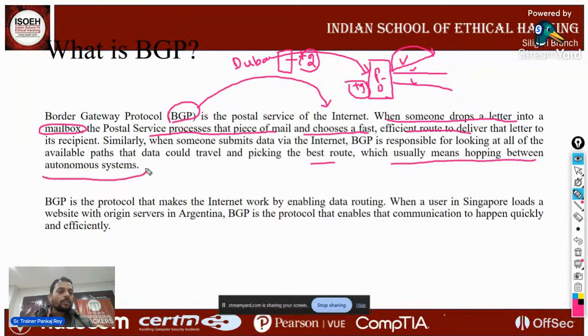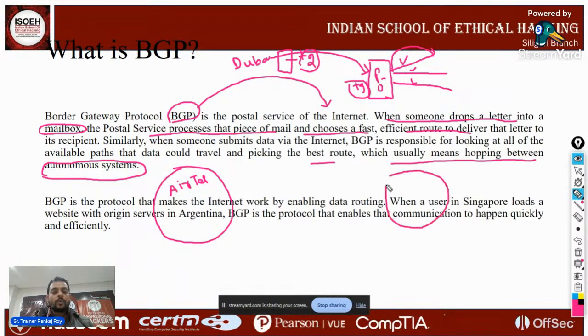So what do we mean by autonomous system? An autonomous system is the boundary of a particular organization's networks. Let me explain. This is the boundary of Airtel, and this is the boundary of another, local ISP, ABC ISP.